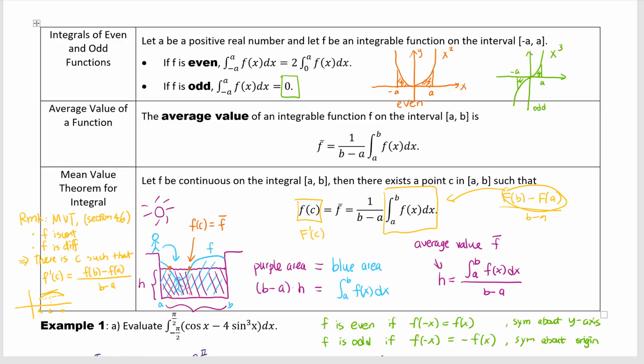So we get the mean value theorem for integrals by applying the mean value theorem to the antiderivative of small f. So far so good, everybody? This is how they are connected.